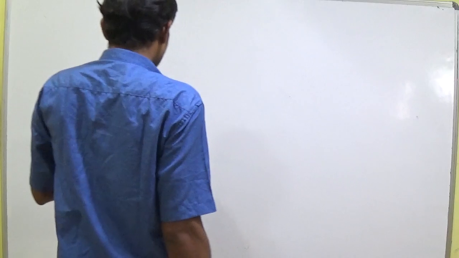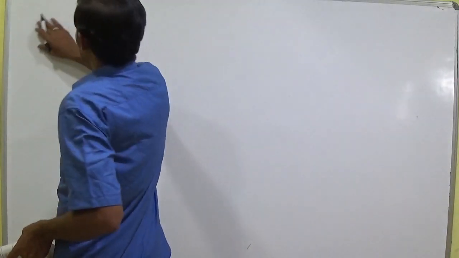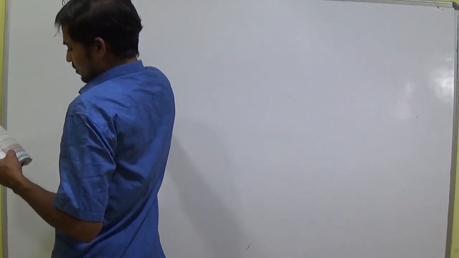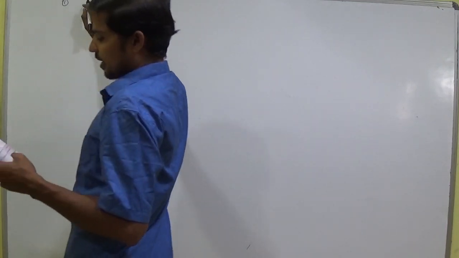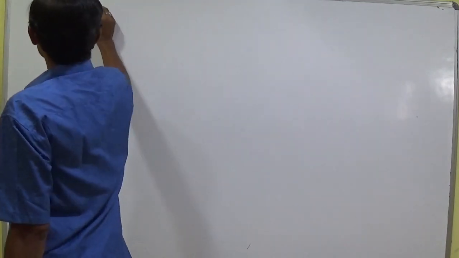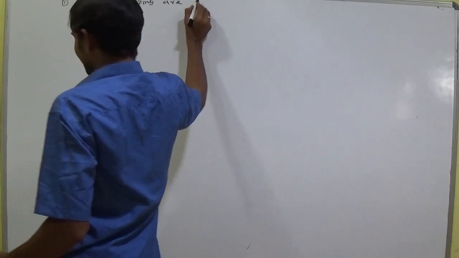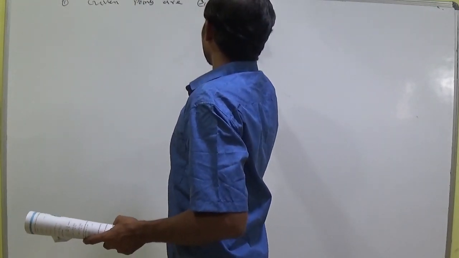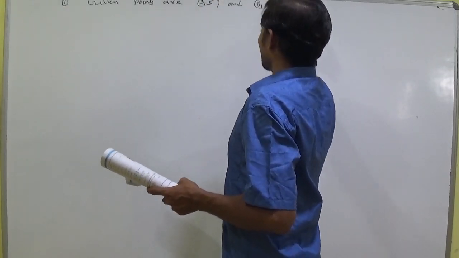Find the point which divides the line segment joining the given points internally. The given points are (3, 5) and (8, 10).